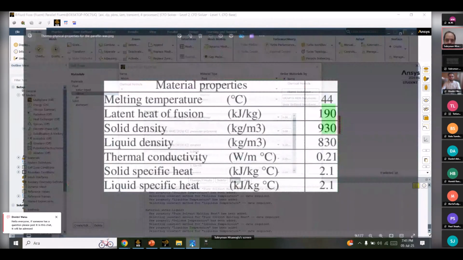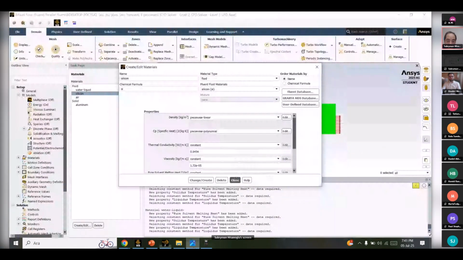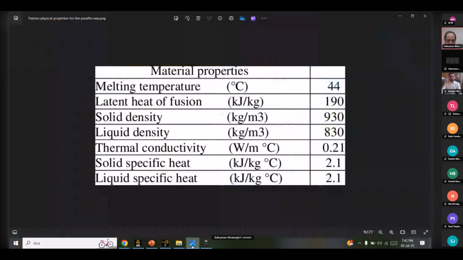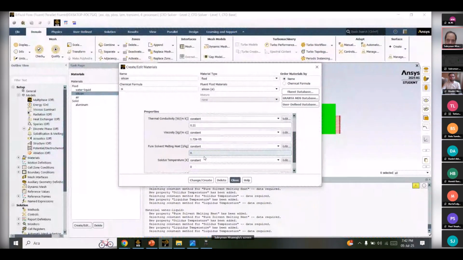Heat capacity is constant, not change in solid and liquid, is same. 2.1 kilojoule over kilogram Kelvin, we write constant. But unit is joule, we write 2100. Thermal conductivity is same, solid and liquid.